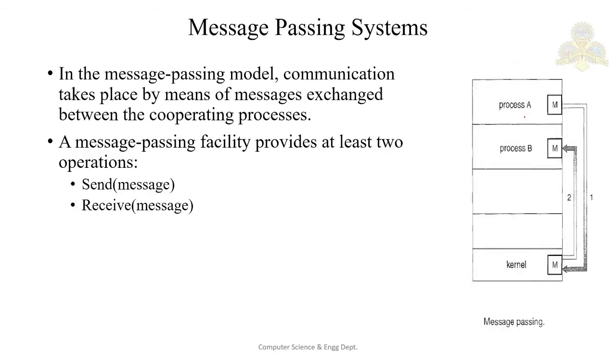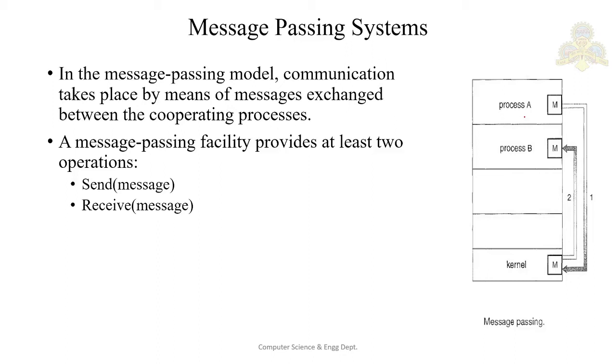Next we will study message passing systems. In a message passing system, communication takes place by means of messages exchanged between the cooperating processes. Message passing provides a mechanism that allows processes to communicate and to synchronize their actions without sharing the same address space.